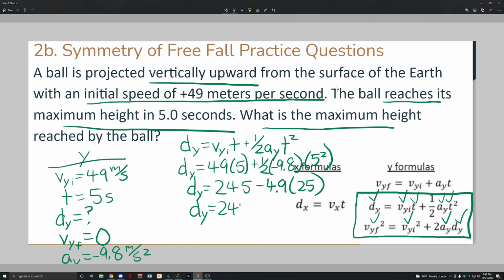This gets you 122.5. Seems about right. So the max height reached by the ball is 122.5 meters.